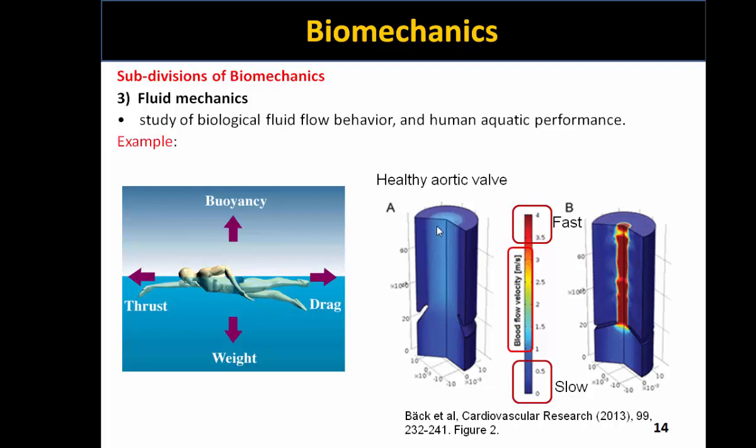So on the left-hand side, the researchers modeled what's called a healthy aortic valve. And so we see the valve here. This is the valve that separates the left ventricle from the aorta. And here we see in light blue a really wide aorta. Here we see a wide opening through the aortic valve.